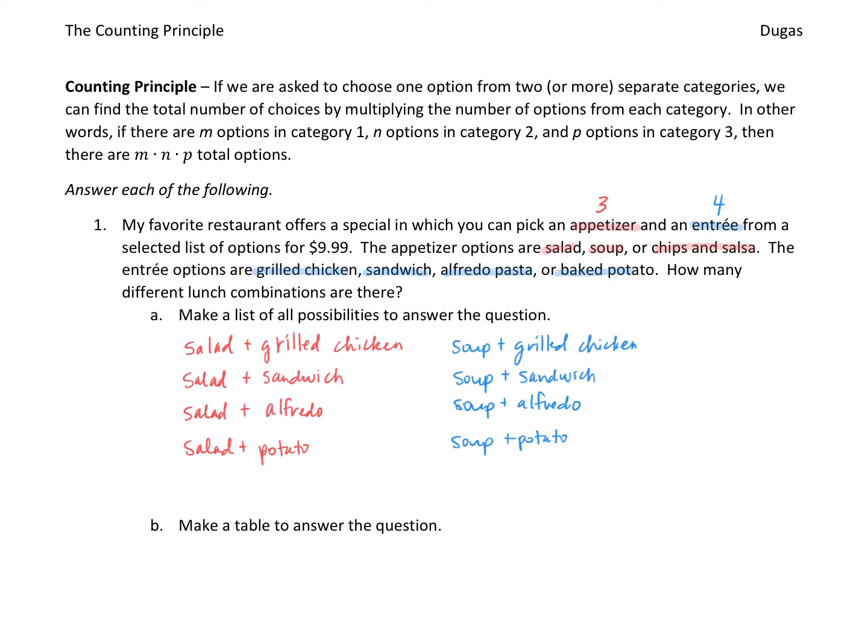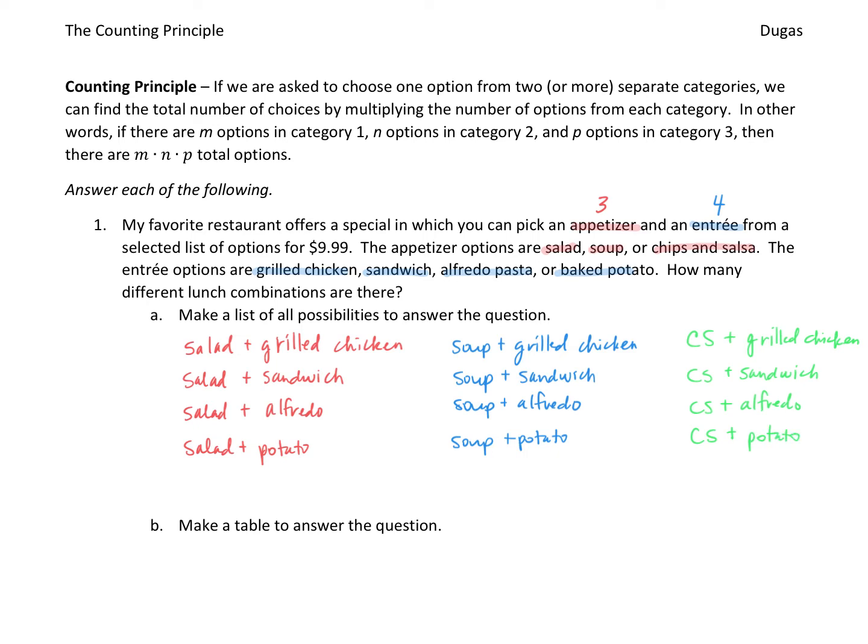And then you can do the same thing for the third appetizer. So chips and salsa, I'm going to abbreviate with CS. You can have that with the grilled chicken. You can have chips and salsa with a sandwich. You can have chips and salsa with Alfredo, or you can have chips and salsa with a potato.